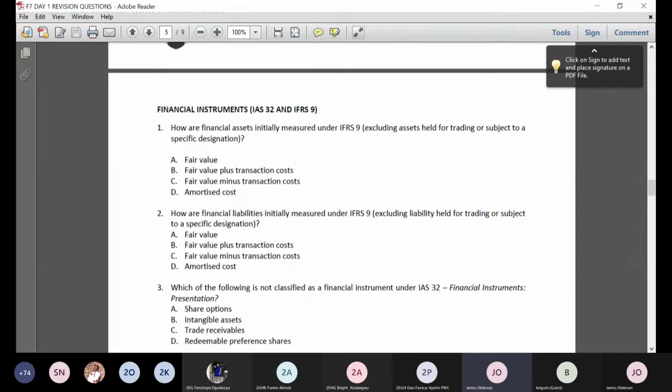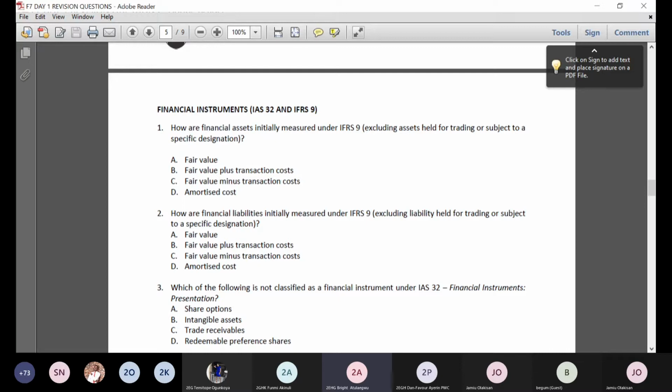Number two, read number two. How are financial liabilities initially measured under IFRS 9, excluding liability held for trading or subject to a specific designation? A. Fair value. B. Fair value plus transaction costs. C. Fair value minus transaction costs. D. Amortized costs.